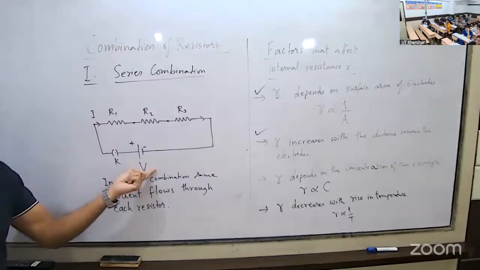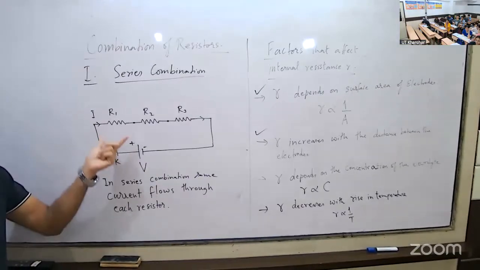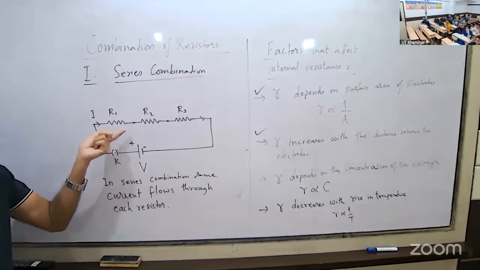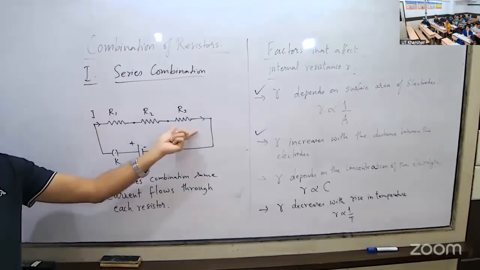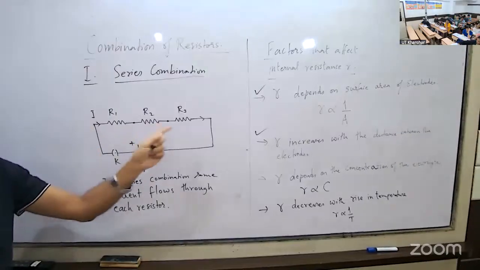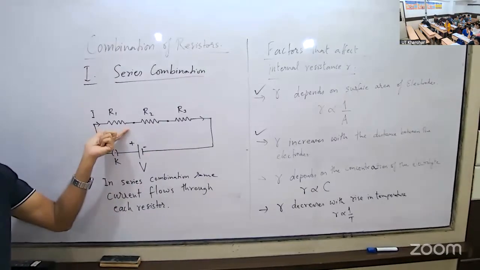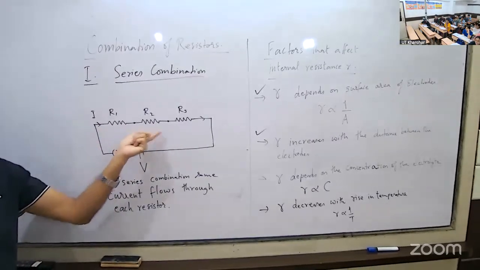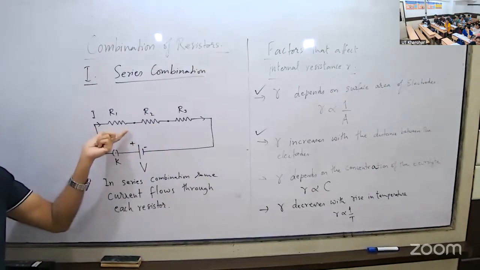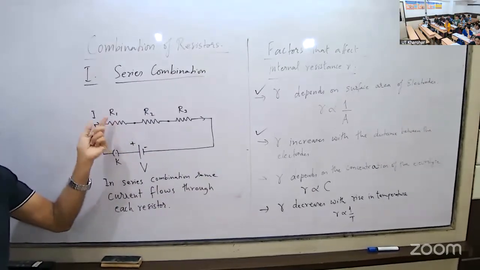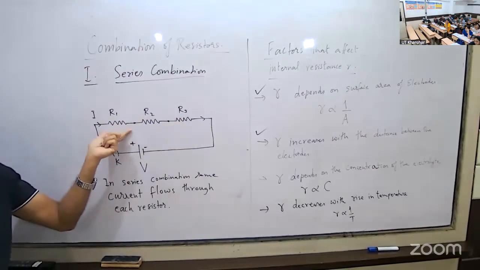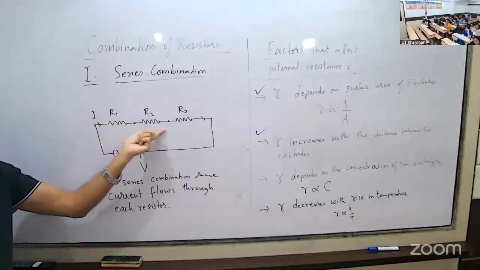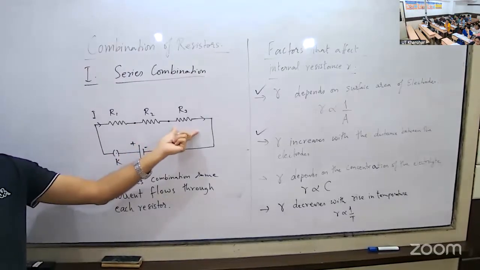What about the energy? Will the energy consumed in flowing the same charge through R1 be the same as in R2 and R3? No, because opposition is different. So work done to flow the charge will be different in R1, R2 and R3. Least work will be done in R1. If, let's say, it is smallest, this is bigger, this is bigger. Least work will be done here by the cell and slightly more over here, slightly more over here.